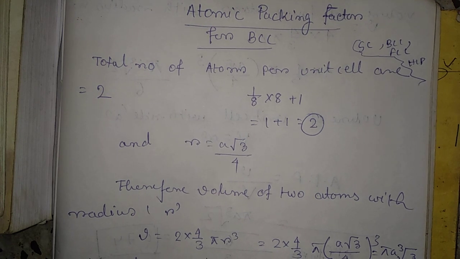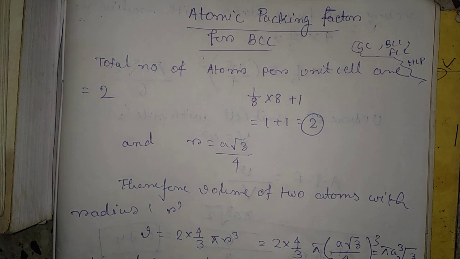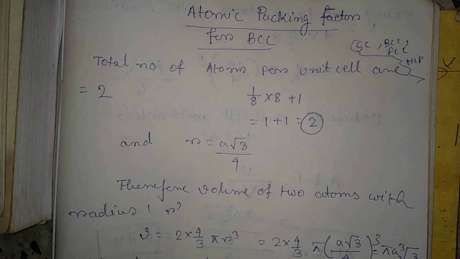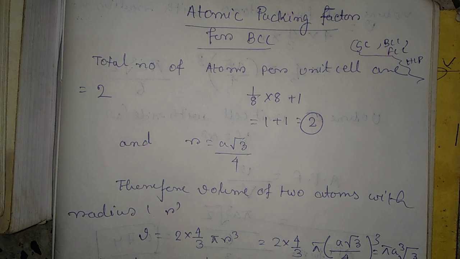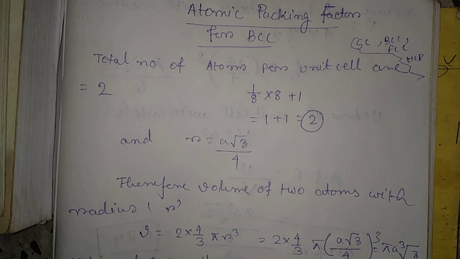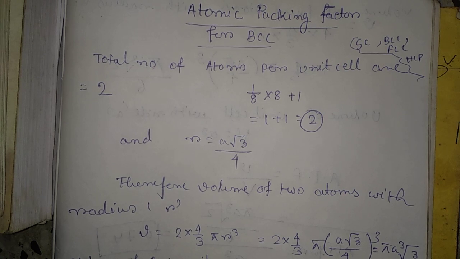Now, the atomic packing factor calculation for BCC, the body centered cubic structure. We know that in the BCC structure there are 8 atoms at the 8 corners and one center atom in the body of the cube structure. This is called the body centered cubic structure.